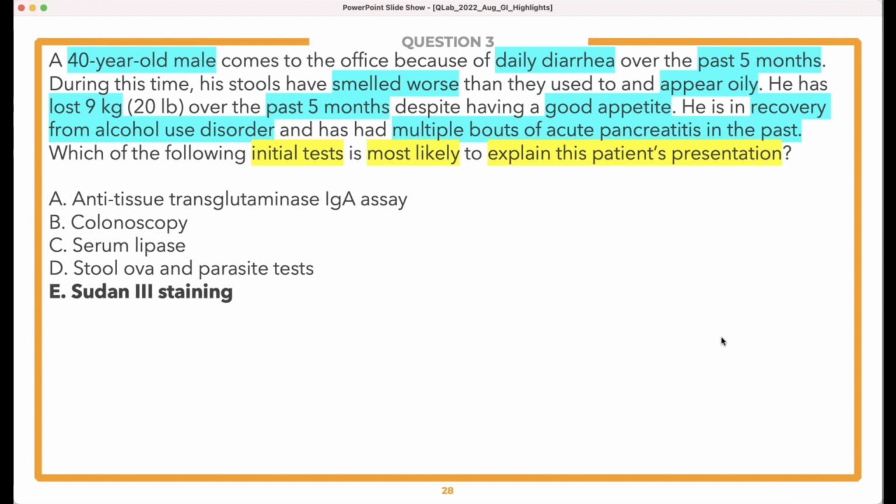Answer choice B, colonoscopy, would be to diagnose a structural issue of the colon, not so much malabsorption. And lastly, answer choice A would be checking for celiac disease, which can cause steatorrhea, but again, we have a better cause of the malabsorption with the multiple bouts of pancreatitis.